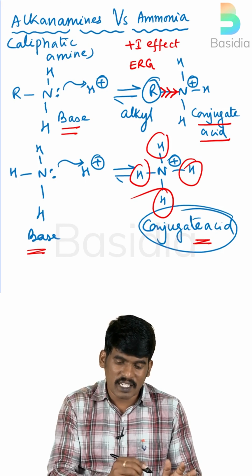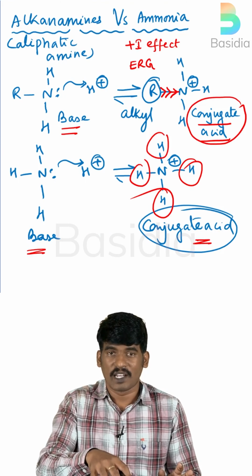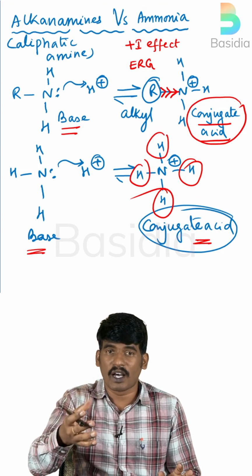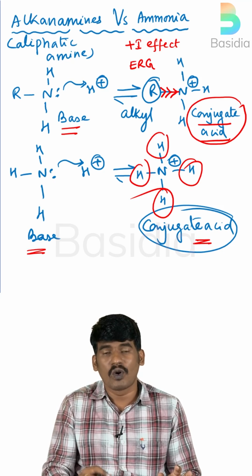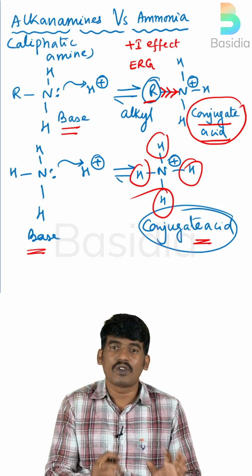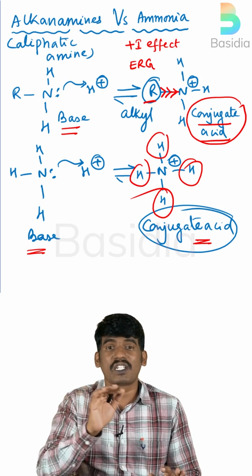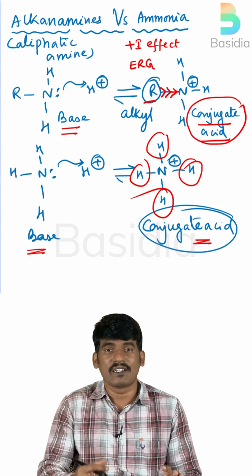Moreover, in the previous case, the conjugate acid formed after donation of its lone pair also gets stabilized because of these alkyl groups. Those alkyl groups operate a positive inductive effect. Hence, the conjugate acid gets stabilized.